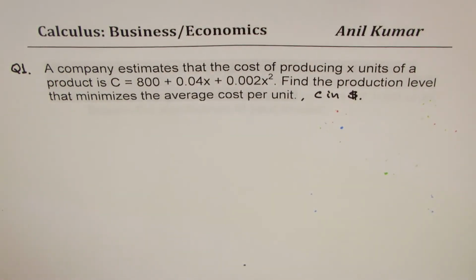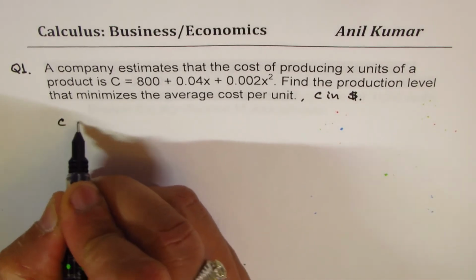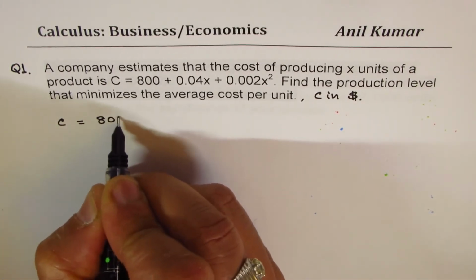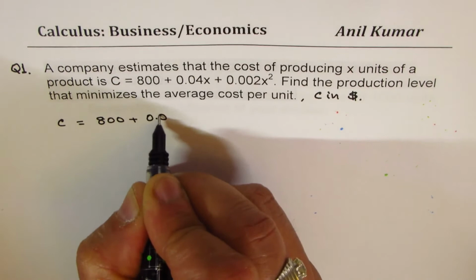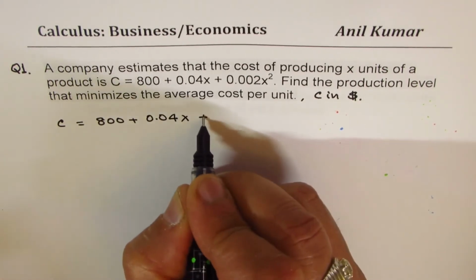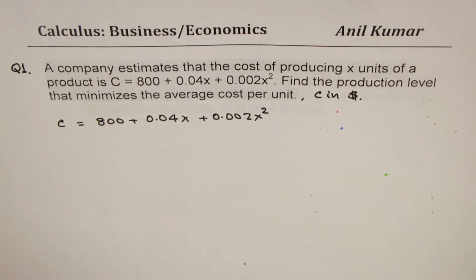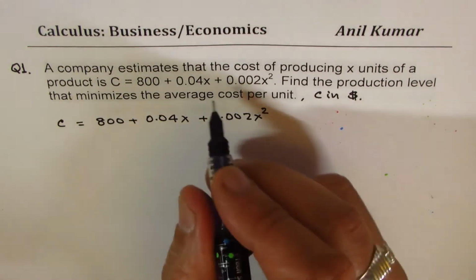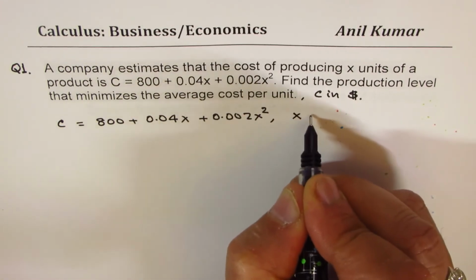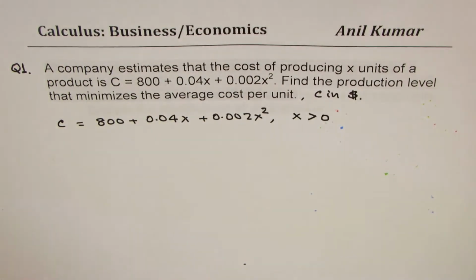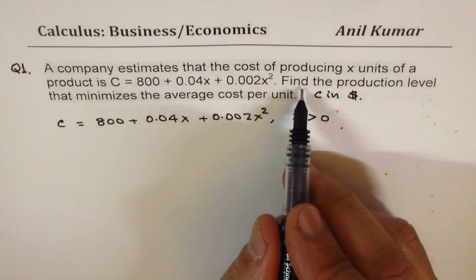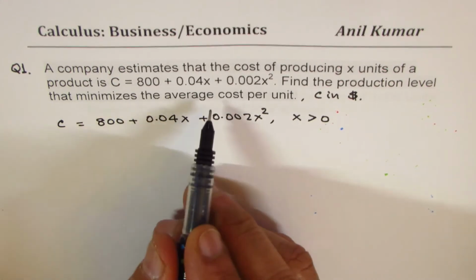Okay. Now we are given the cost, which is 800 plus 0.04x plus 0.002x squared. Now whenever we are given cost, it is assumed that x is greater than 0. Okay. Find the production level to minimize average cost.